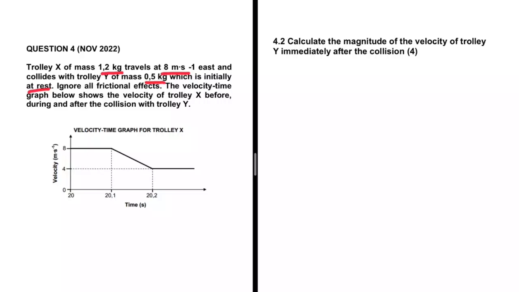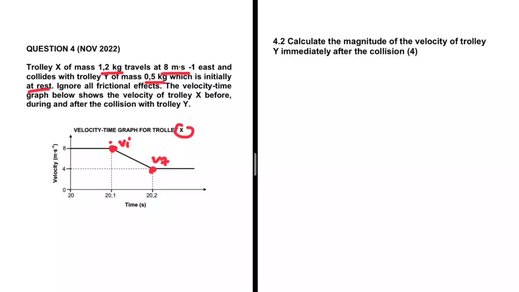So right here is before the collision at 8 meters per second, and this will be after the collision. So this is VI, which is 8 meters per second, and this is VF, which is 4 meters per second for trolley X. Let's go ahead and calculate the magnitude of the velocity of trolley Y.